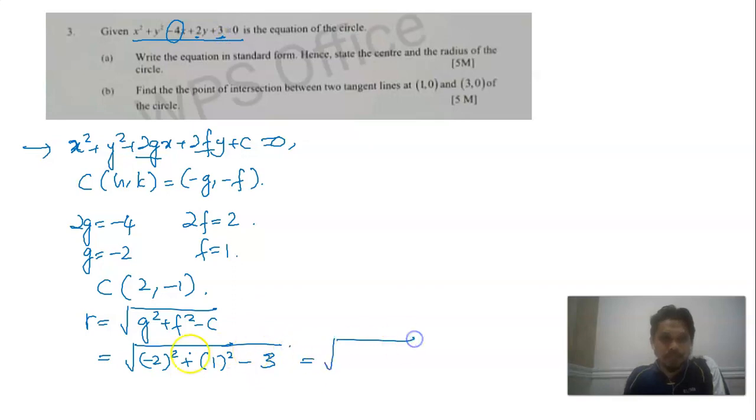Okay, so then negative 2 squared equal to 4, 1 squared equal to 1, and minus 3. So then 4 plus 1 equal to 5, 5 minus 3 equal to 2, so the radius is the square root of 2.